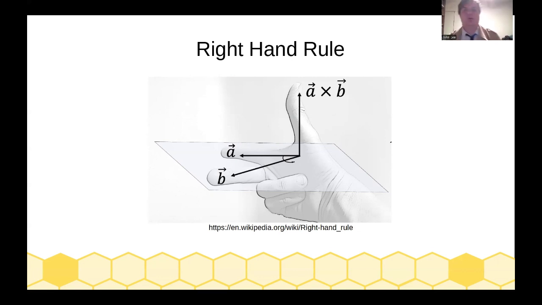This is useful because the magnetic field is perpendicular to the motion of the charged particle, q v cross the radius. It's not exactly that. It's also dependent on the distance between them.